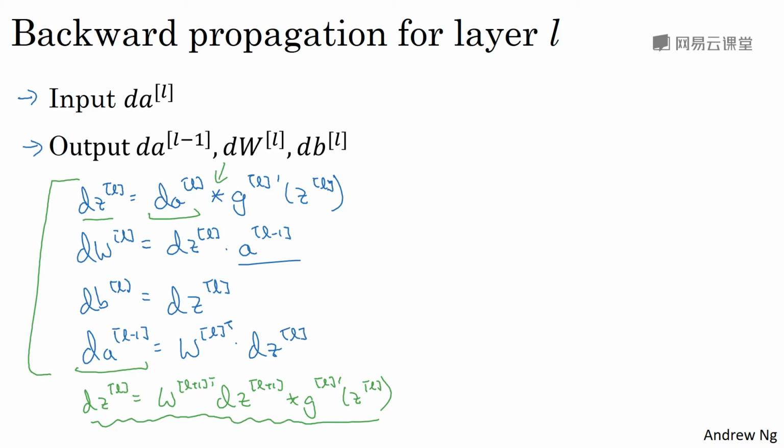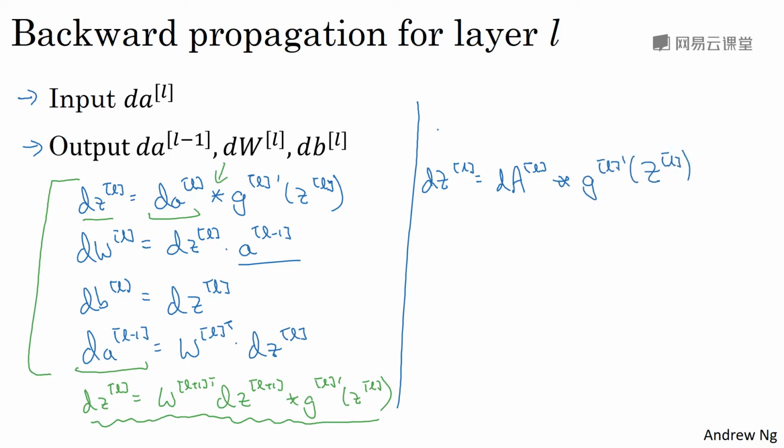And then finally, I'll just write out the vectorized version. So the first line becomes dZ[L] equals dA[L] element-wise product with g[L]' of Z[L].